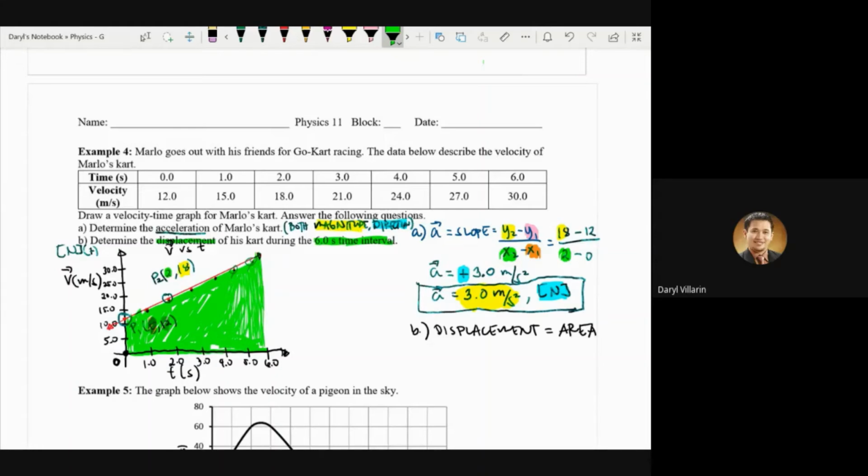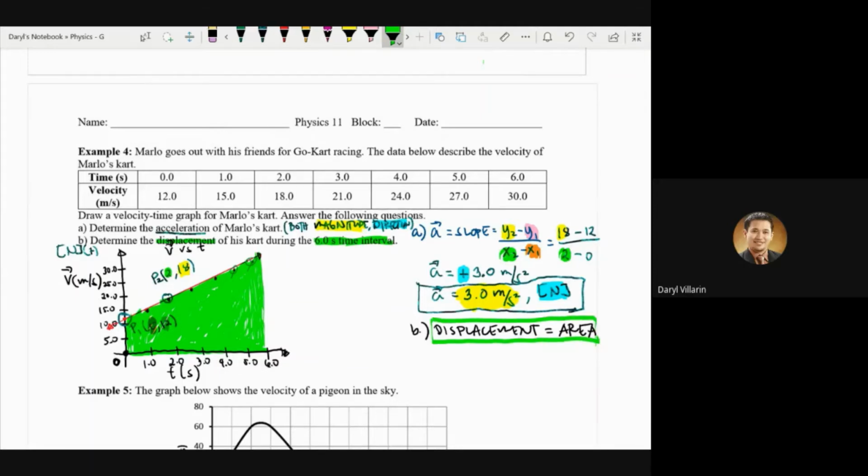So what would be the area of this part? Again, this is the x-axis. If you're wondering where you should stop, you stop at the x-axis, okay? So that would be the displacement.